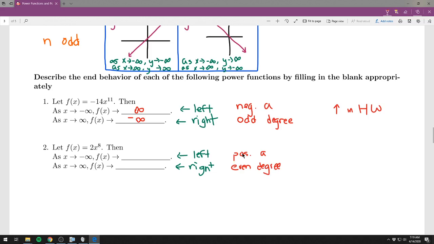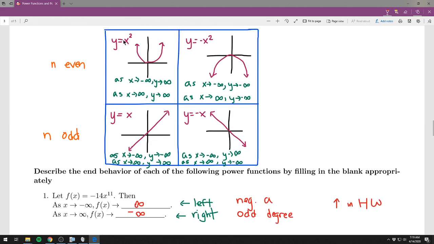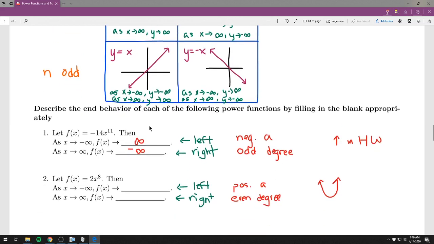So if our coefficient is positive and our degree is even, it's going to look like y equals x squared. Right, positive for the 1, 8 for the even, so x squared.